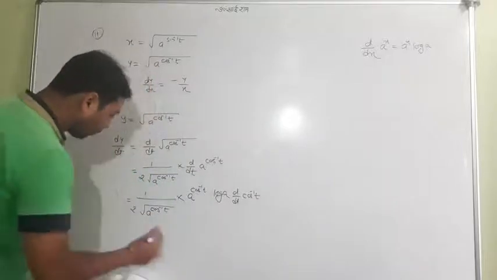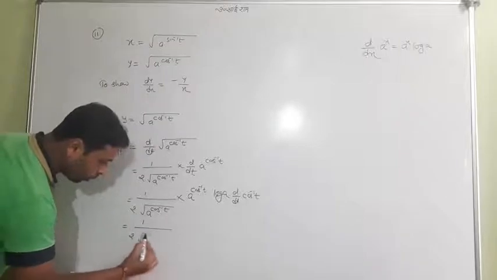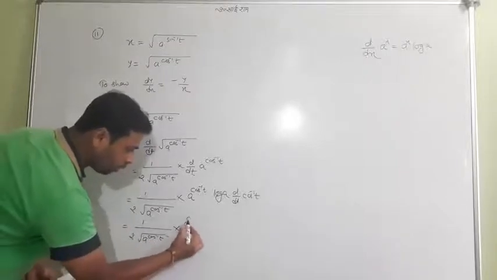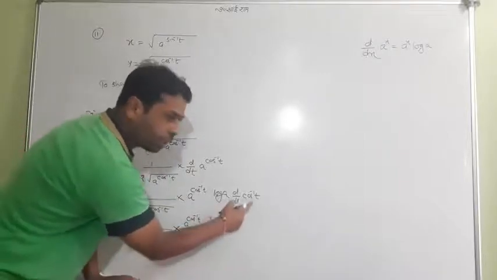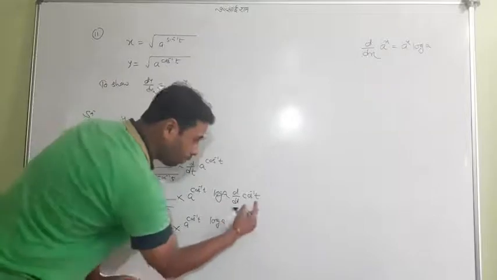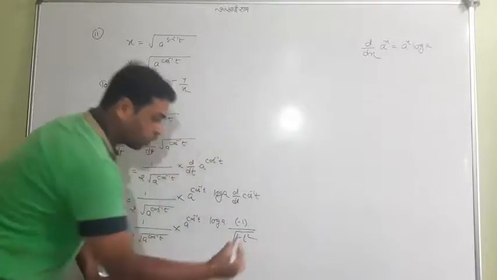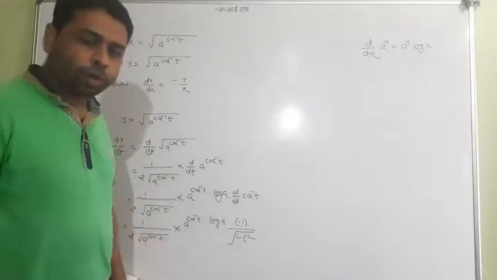Then 1 upon 2 into a to the power cos inverse t, a to the power cos inverse t into log a, and d by dt of cos inverse t is minus 1 upon root 1 minus t squared. This is long but fine. You don't have to worry about that.